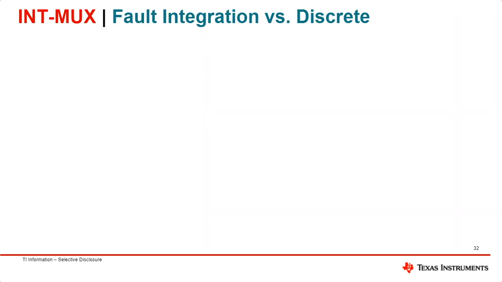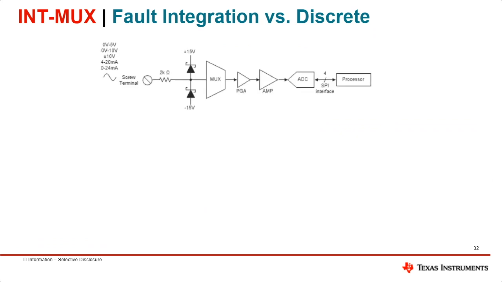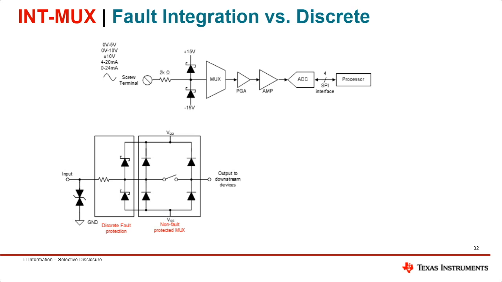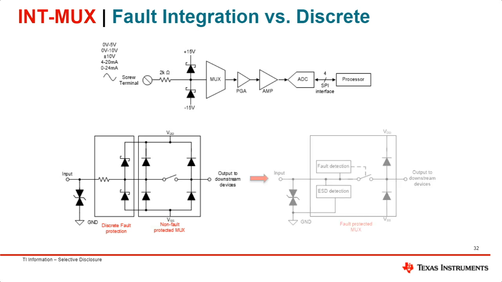Lastly, we're going to talk about fault integration versus discrete. As we talk about fault protection, there's one architecture where you have your MUX separated from the discrete fault protection feature. You have your MUX by itself to the right, and to the left, you have the discrete fault protection. But when the MUX has a fault protection feature integrated in it, there's no need for separate discrete fault protection.